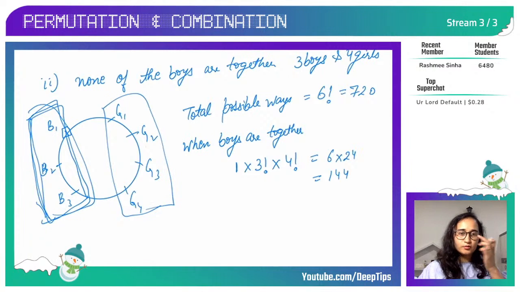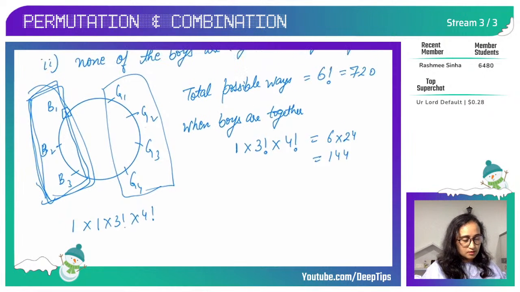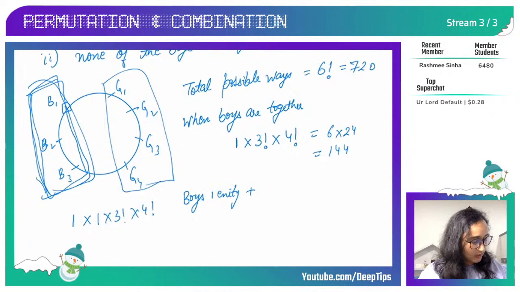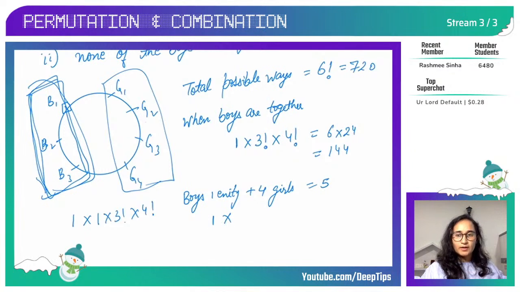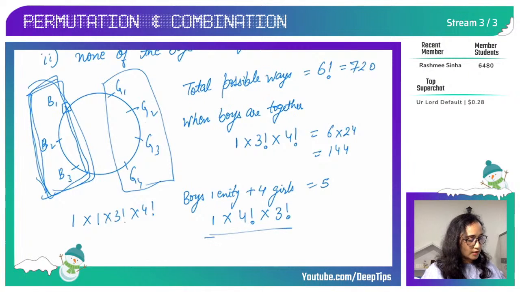So there are 2 ways to do this. Either you say, I have fixed one place for boys and one place for girls, and then boys are 3 factorial and girls are 4 factorial, or you can do it in a different way, where you say I am taking boys as one entity plus 4 girls, which is equal to 5. So now you fix a place for the boys' entity, then the remaining 4 places girls can arrange in 4 factorial ways. So 1 into 4 factorial, and then boys can arrange themselves in 3 factorial ways. So this is one and the same thing.